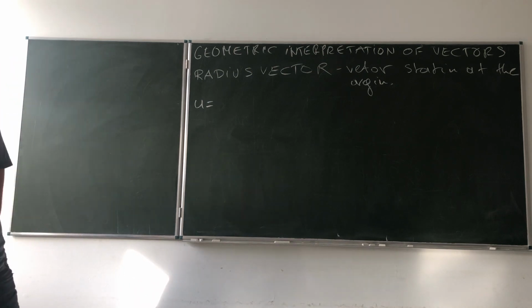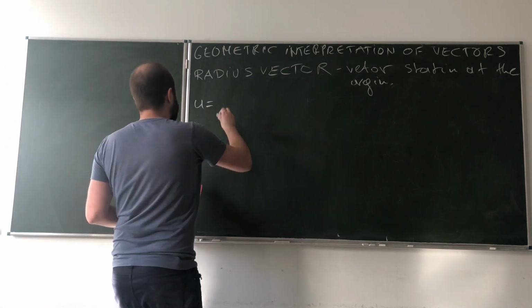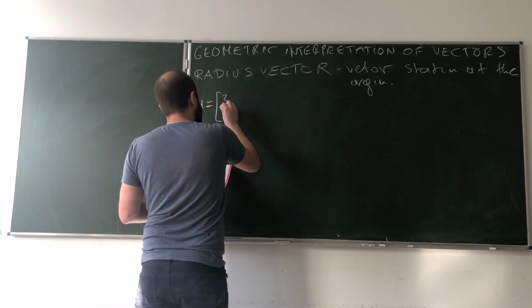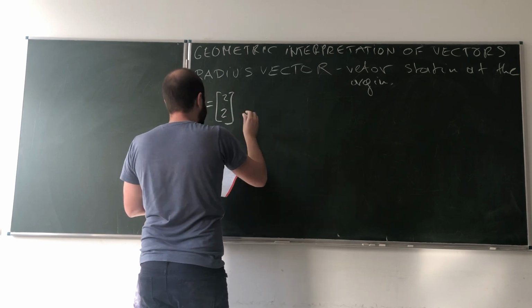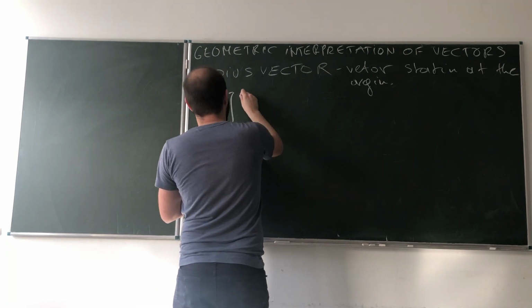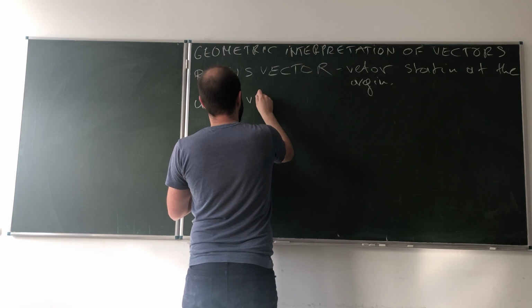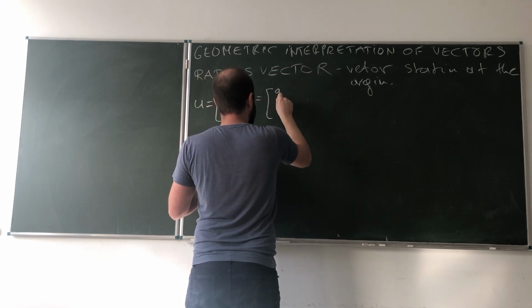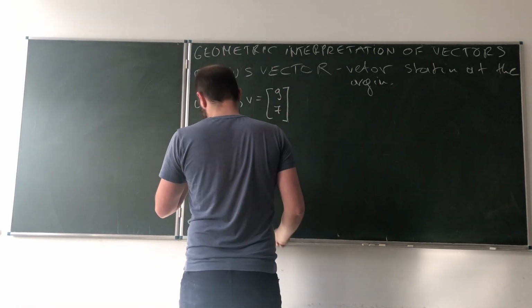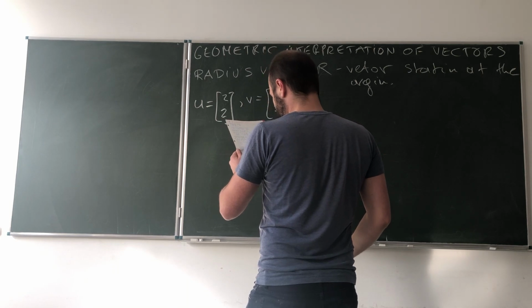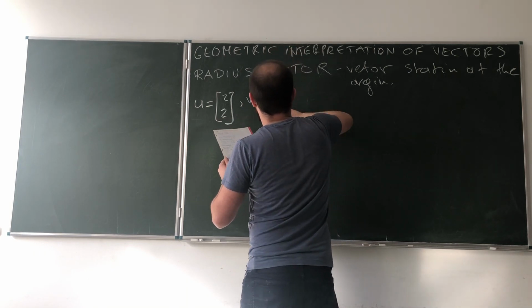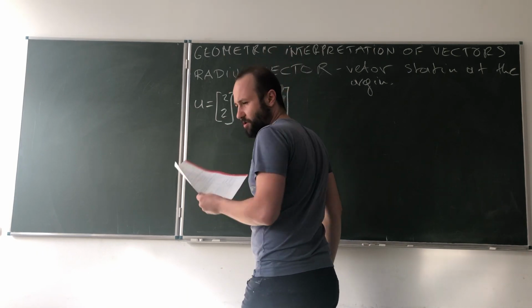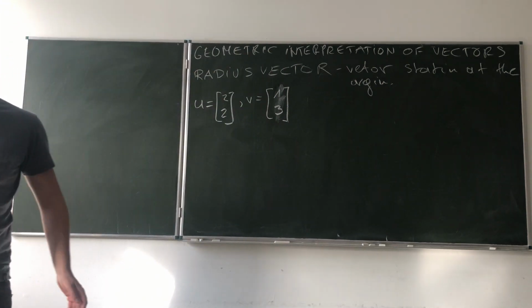Okay, so let's start by having two vectors. Vector u 2, 2, and vector v 1, 9.